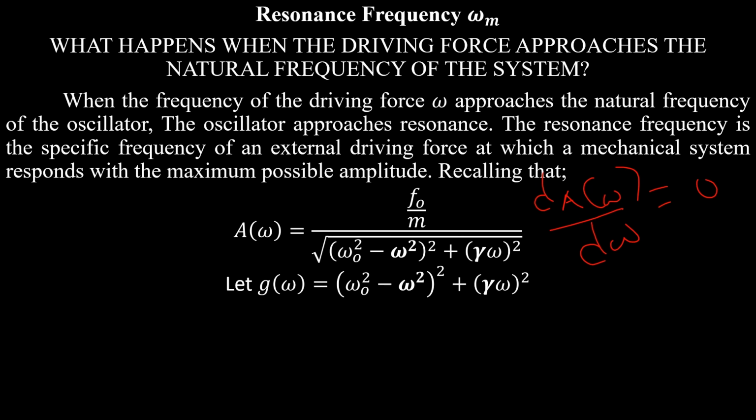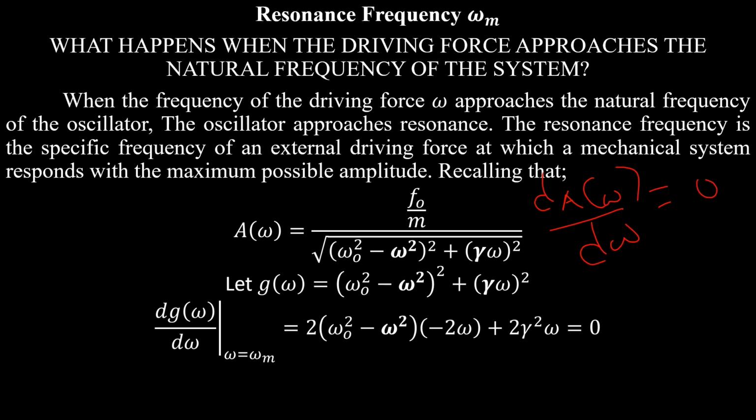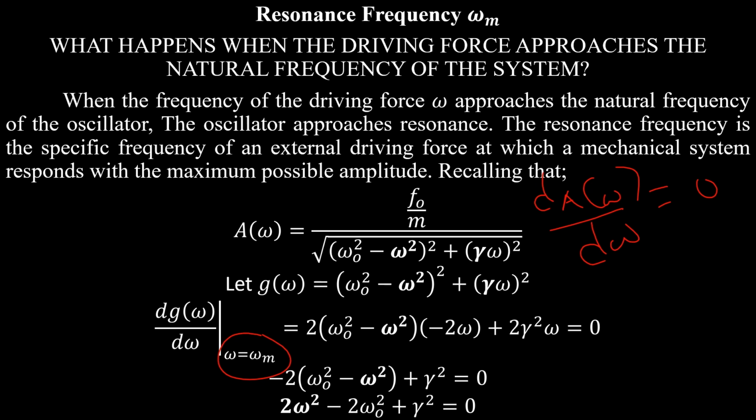So we can just take only this expression and call it g of omega, and this is what we are going to differentiate, at our driving force frequency approximately equal to our natural frequency, as seen here. If we differentiate this and equate it to 0, we are going to have this expression, and if we rearrange, we get this.